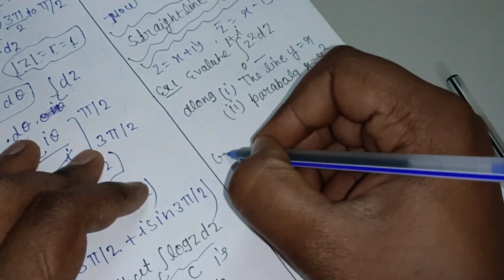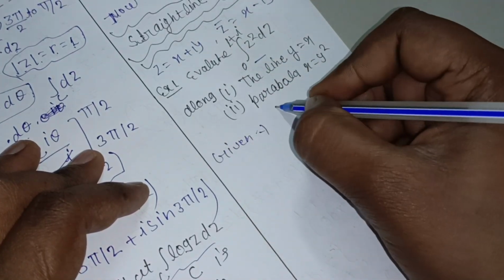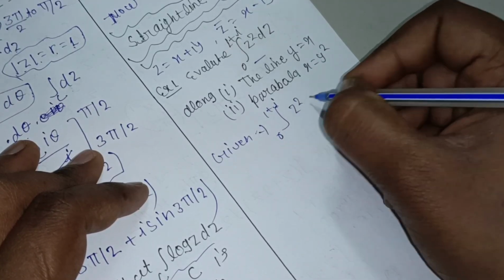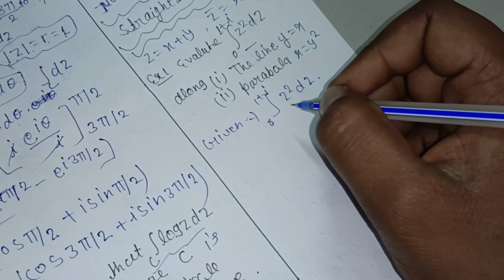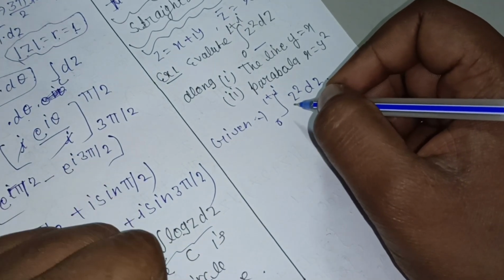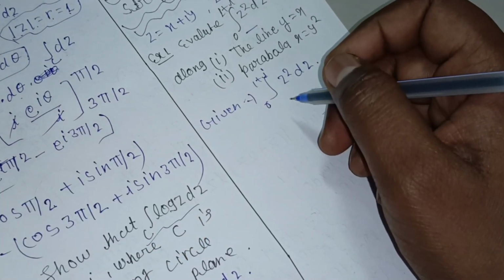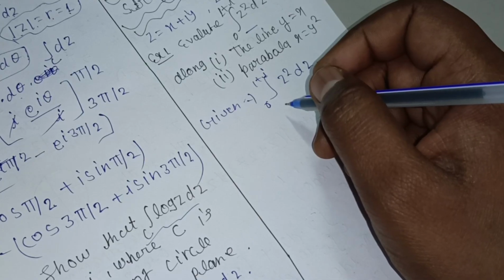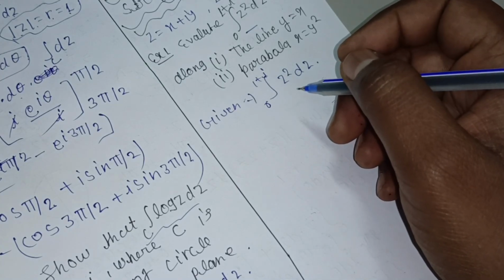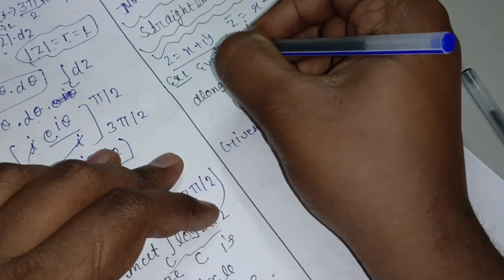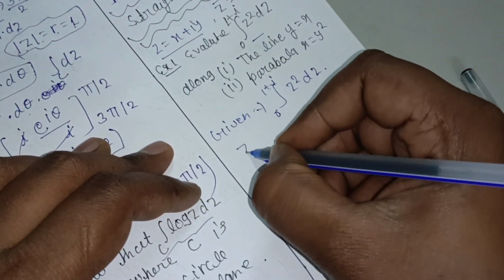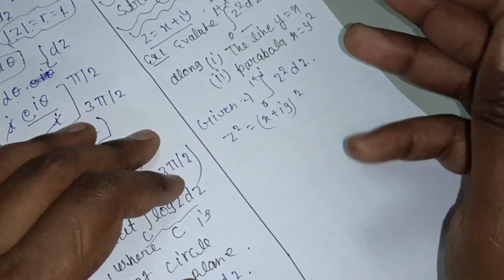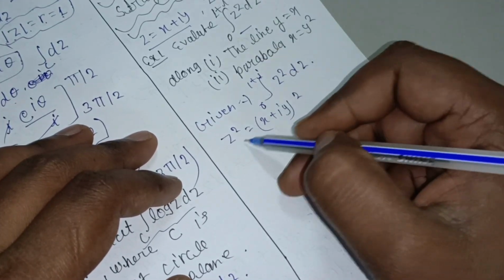Okay, so let's solve it. We are given the integral from 0 to 1 plus iota of z square dz. We know that z is equal to x plus iota y. Then z square is equal to x plus iota y whole square. Just wait, I will explain where this will come in use.